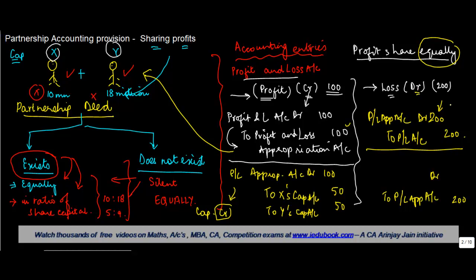Why? Because this had a debit balance, you've credited it. Now think logically. Because of the loss, obviously the capital accounts of the partners go down, right? The capital account, as I told you, has a credit balance. If you have to reduce that balance, you have to debit it. So you will debit X's capital account and Y's capital account by 100 each. Why 100? Because we've said that the profit and loss shares have to be distributed equally, right?